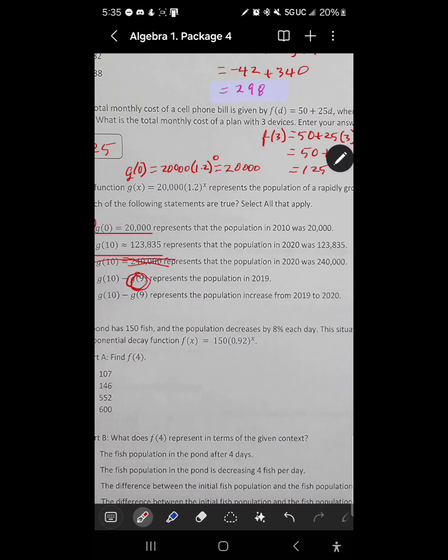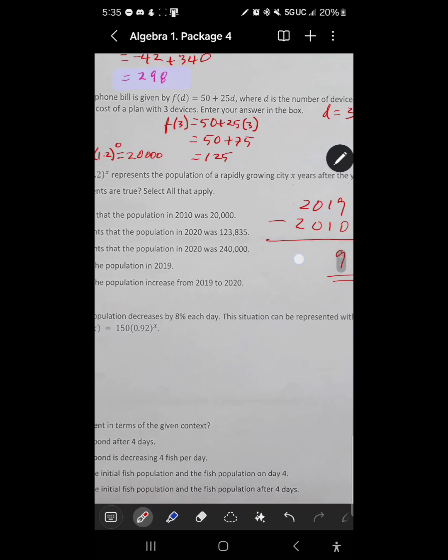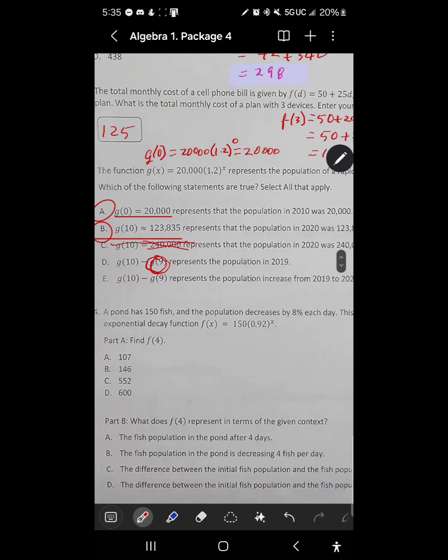This alone is the population of 2019 because it's the population x years after 2010. 2019 minus 2010 is 9. So g(9) will be the population at 2019. So this is false because of that. And now let's see.